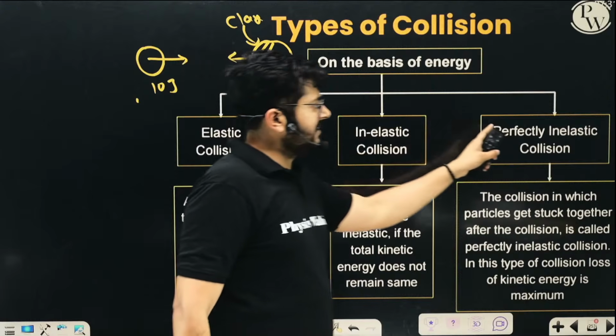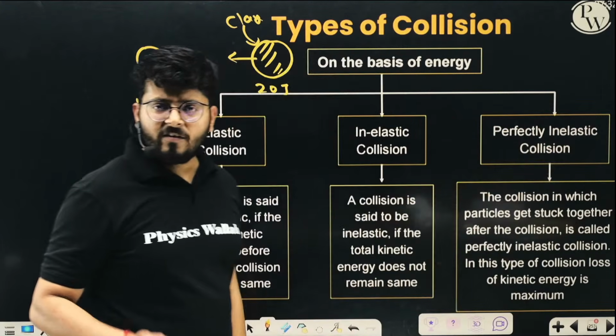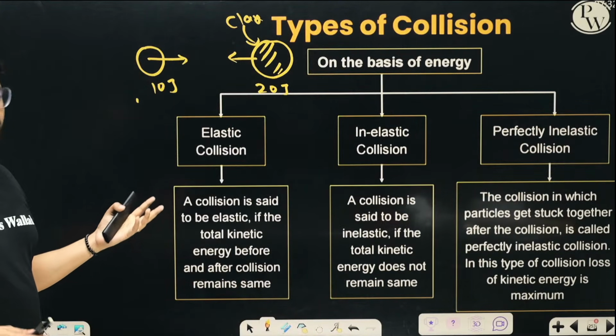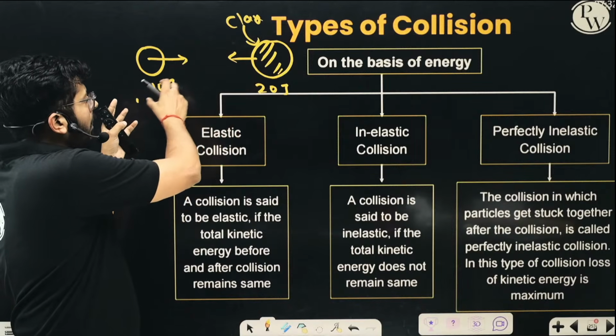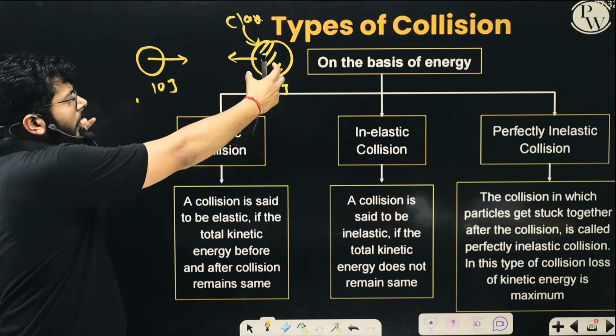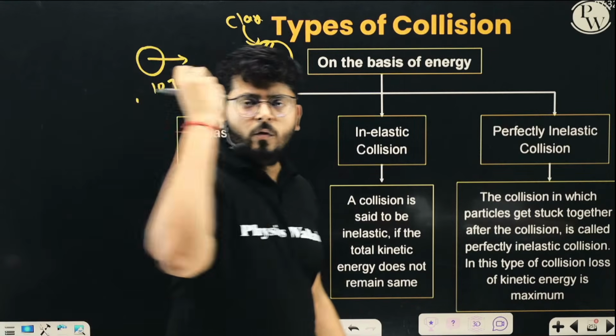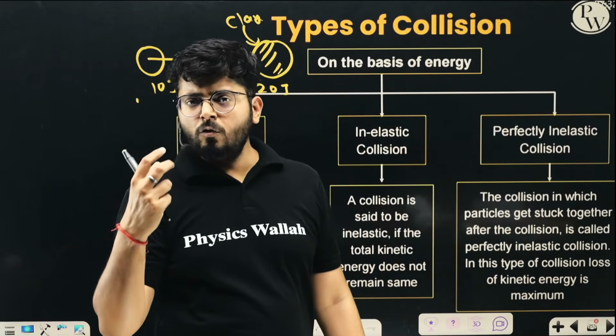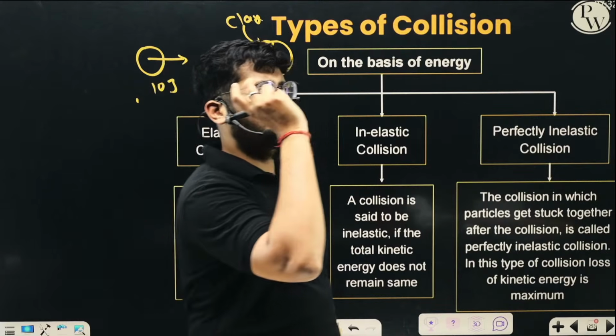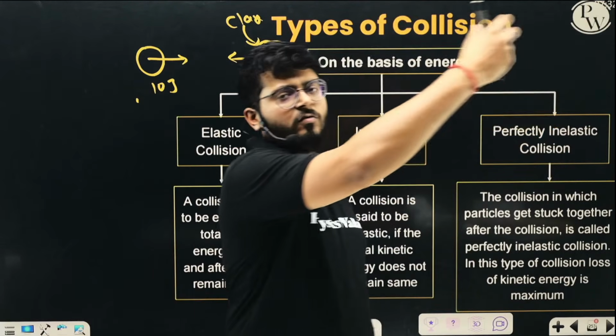The next part is perfectly inelastic collision. Perfectly inelastic means what is really happening? Let's say that if two bodies collide in such a way, for example, you throw a clay ball on a moving truck, it will not happen more or less that the clay ball is going to strike the truck and bounce back.